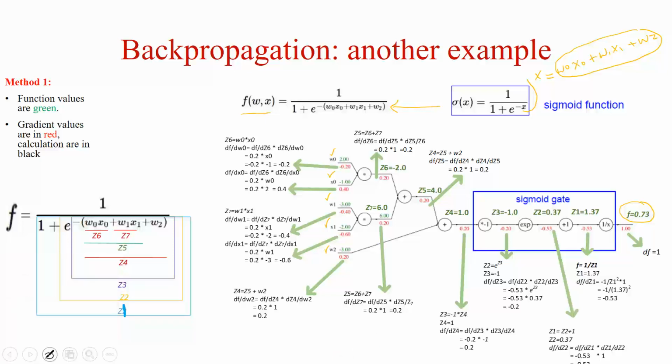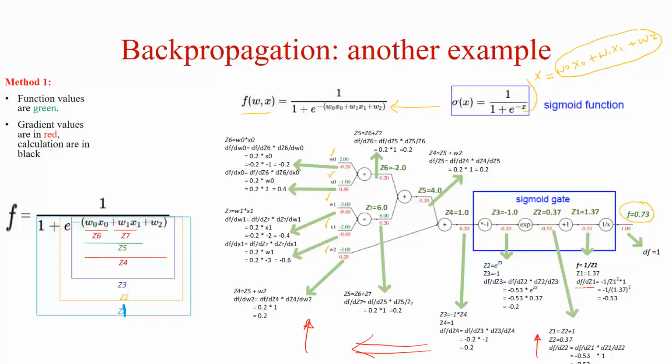I need to backpropagate and calculate df over dz1. It's important to notice that I cannot calculate the derivatives at the end unless I calculate the derivatives at the beginning, because backpropagation starts from the output all the way to the inputs. So the very first one I need to calculate is delta f over delta z1.